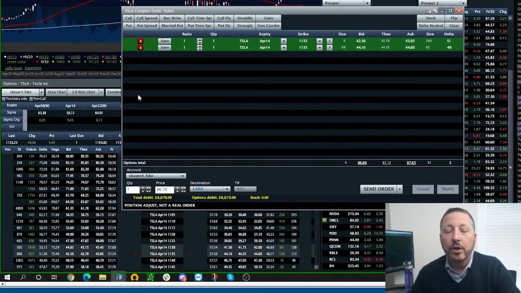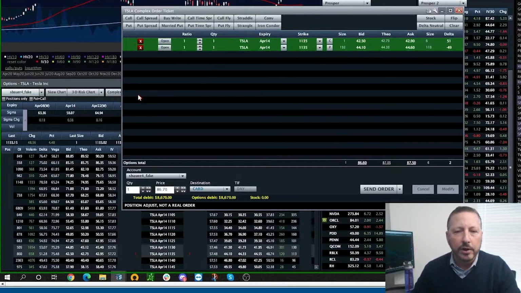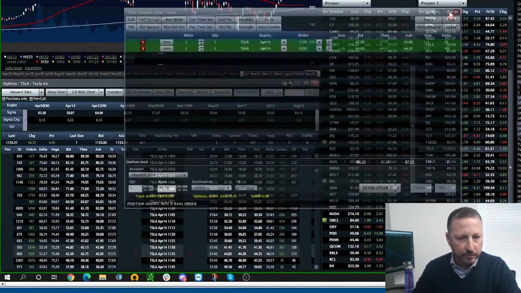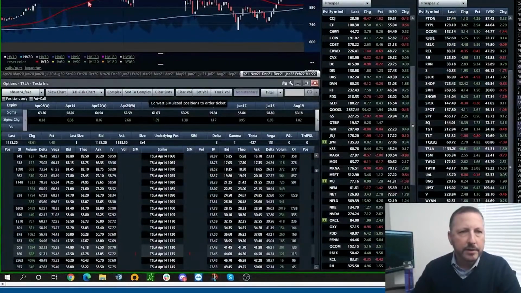We don't know what that move is going to be, but the market is telling us the size of the move with a 68% probability. Pretty good. So with the stock trading at 1135 and an $87 expected move, let's say we're bullish, we're going to target roughly 1220-ish or so. So why is that?